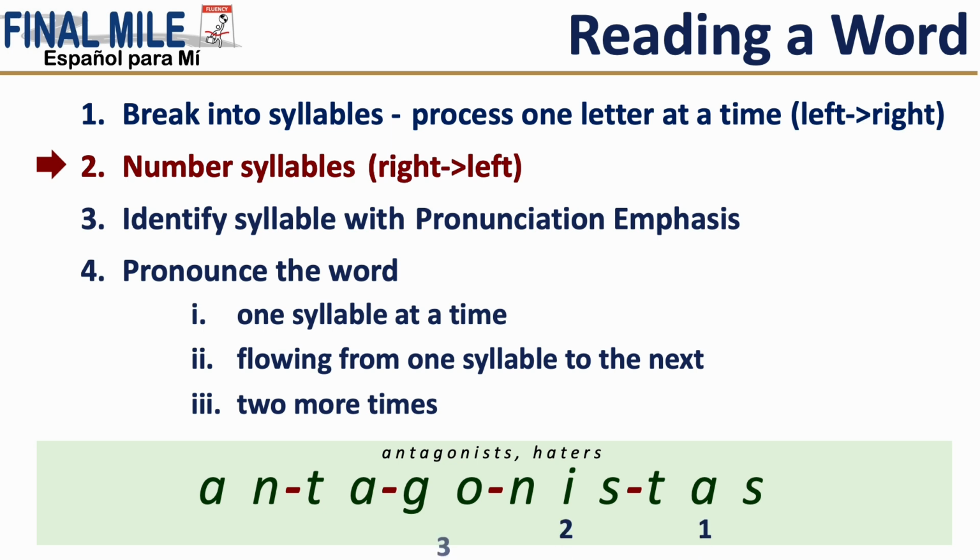Now we number them. Now we identify the syllable with pronunciation emphasis. Try to do it before I click the highlighter. And now we go to pronouncing it one syllable at a time. Antagonistas.